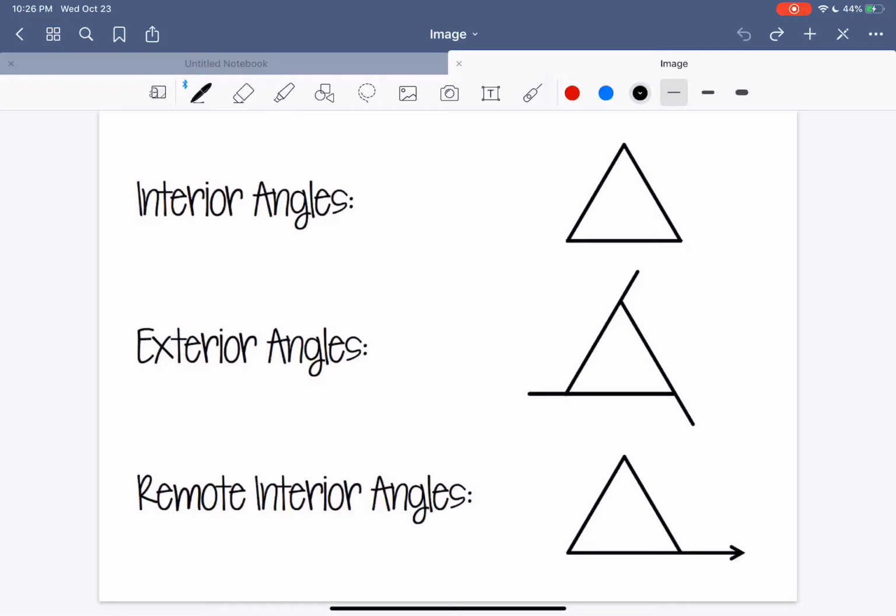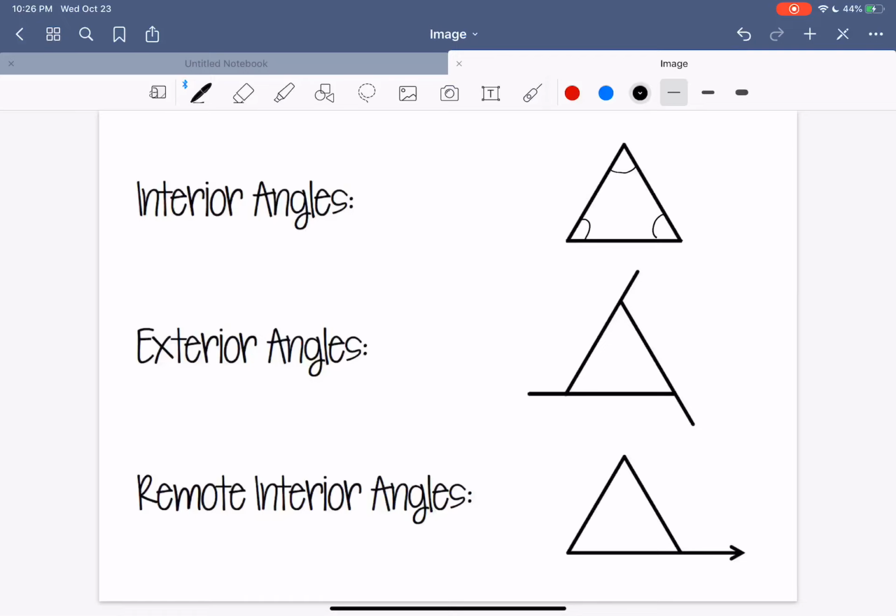So interior angles are those that are on the inside of the triangles, and if you think about an interior decorator, that's somebody that is going to decorate the inside of the house. And you can go ahead and mark along, these are going to fall on these angles here. These are what would distinguish an interior angle.